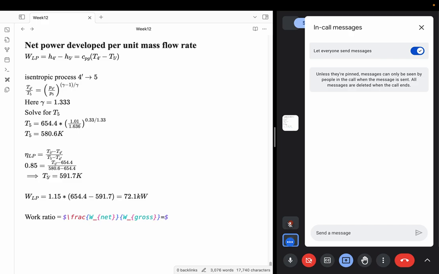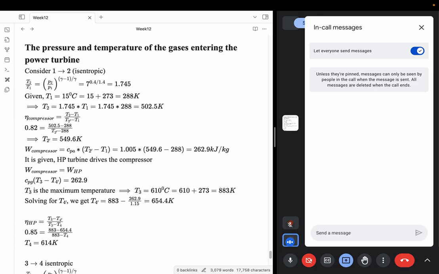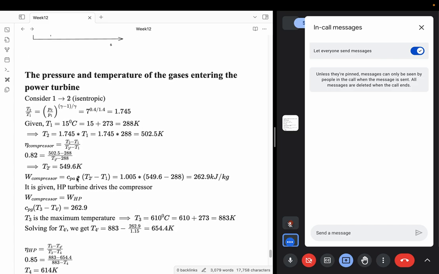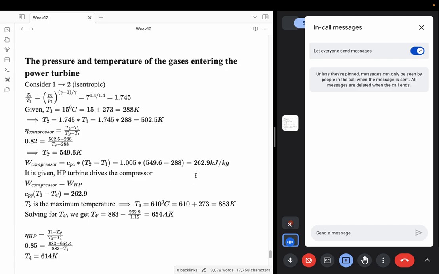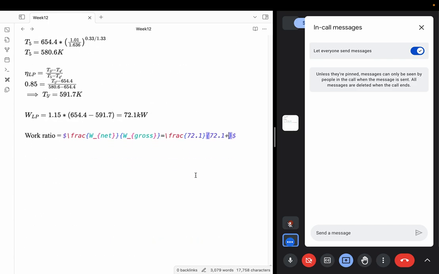The net power output is what we have calculated just now, 72.1, divided by the gross power output, which is the power output by the high pressure turbine as well as the low pressure turbine. This is the low pressure turbine plus the power output by the high pressure turbine, which we have calculated before. So that is equal to the power of the compressor, that is 262.9. This is 0.215. Work ratio is done.